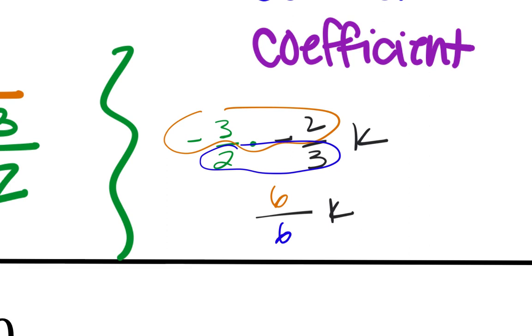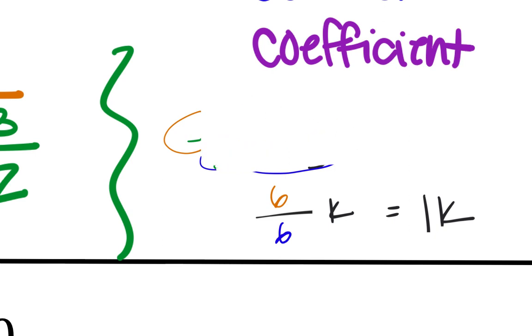So 6 over 6k. Well, 6 divided by 6 is 1, so this reduces to 1k. That's why multiplying by the reciprocal cancels out the coefficient to make it 1. And that's what we want. We want our coefficient to be 1. Positive 1 specifically.